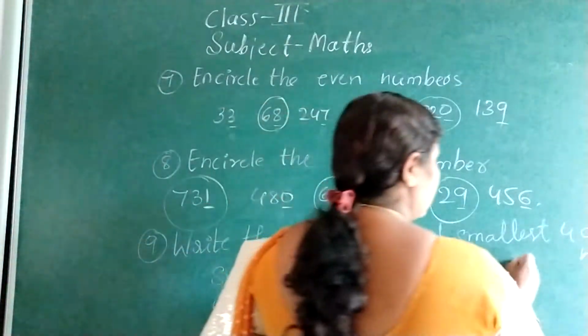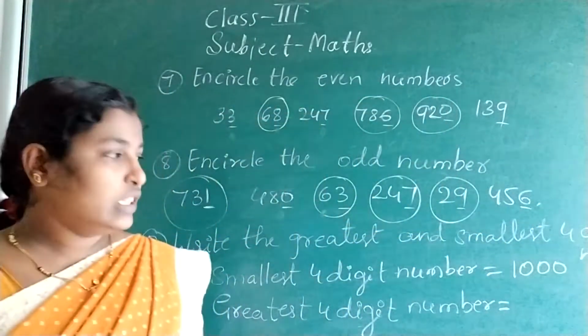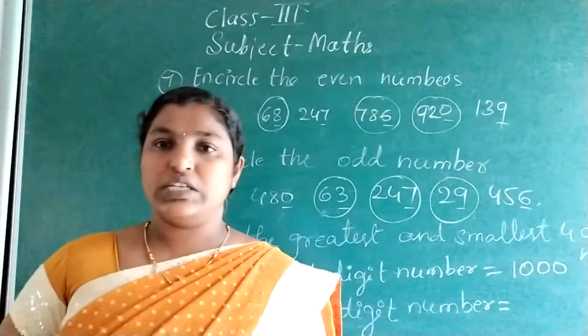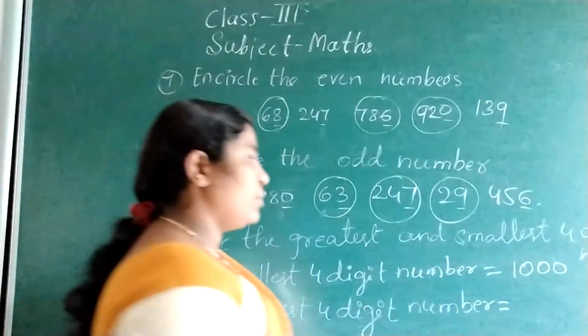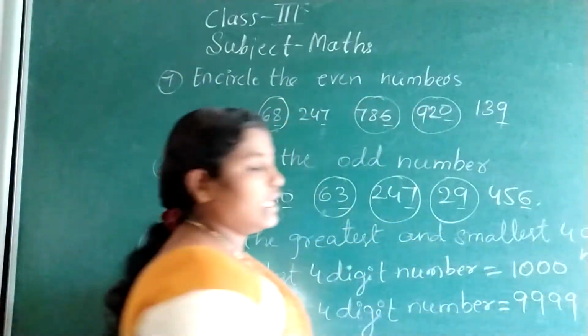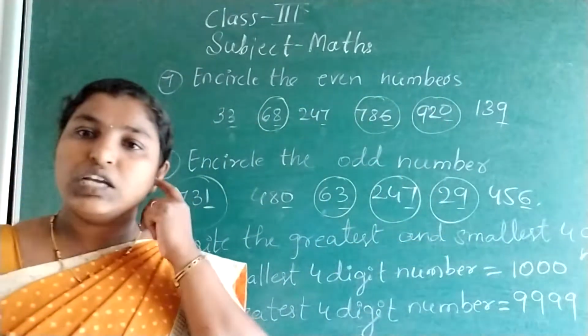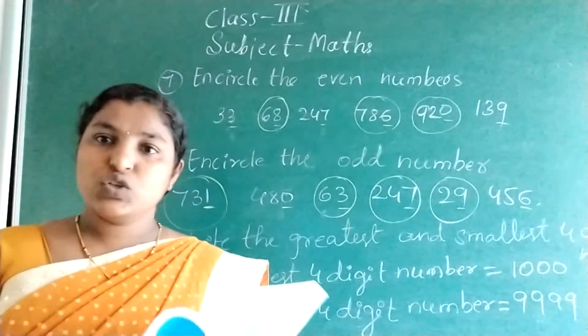Yes, that is 1000. The 1000 is a 4-digit number. Which is the greatest 4-digit number? 9,999 is the greatest 4-digit number. Yes, I hope you understood this.